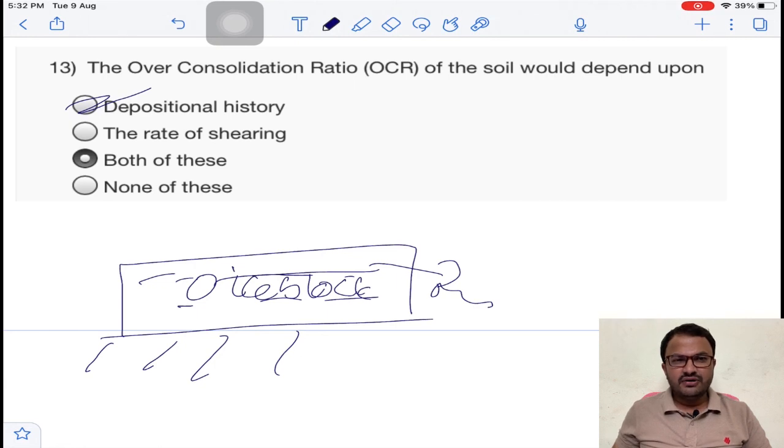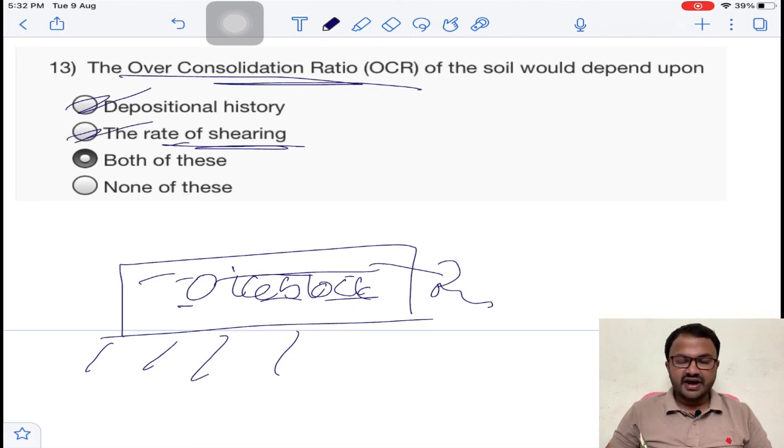The soil below has already consolidated and became over consolidated. So the over consolidation ratio of the soil depends on the past history and the rate at which it is getting sheared. On these two factors, the over consolidation ratio depends. So for question number 13, C is the answer.